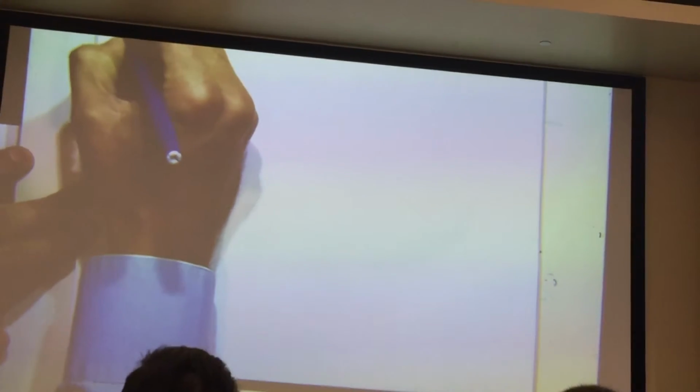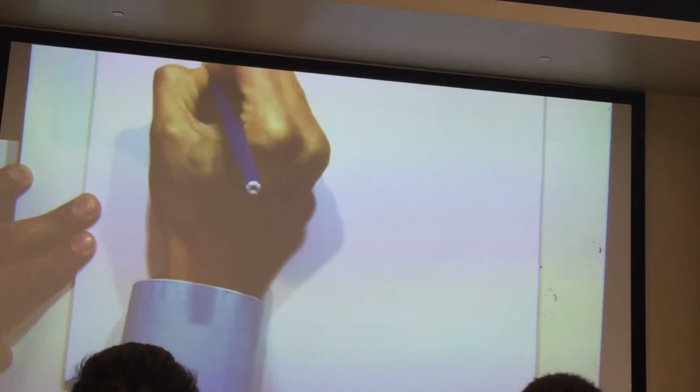All right, so conservation of momentum, which we said is Newton's second law.